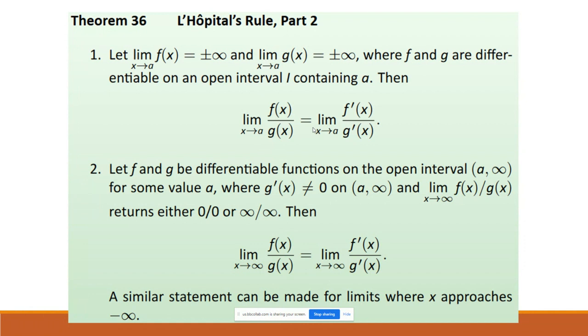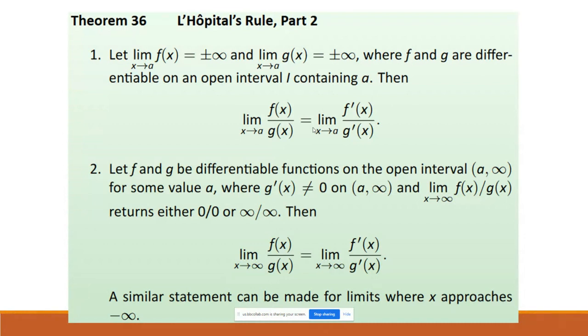The second one is saying, in the second case, it's the limit at infinity. This says when x goes to infinity, if the numerator and denominator both approach 0, or both approach infinity, then we can also apply L'Hopital.